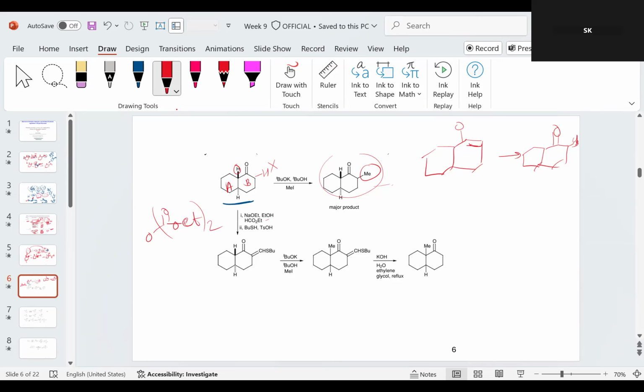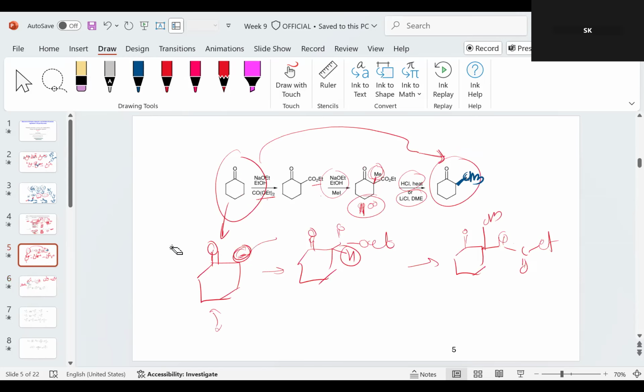So what happens? It's not like the earlier case. So if you use this one, what will we get? The first step we can get selectively, but in this case it is not like the earlier case that we have used here, where we added C double bond OEt, right?